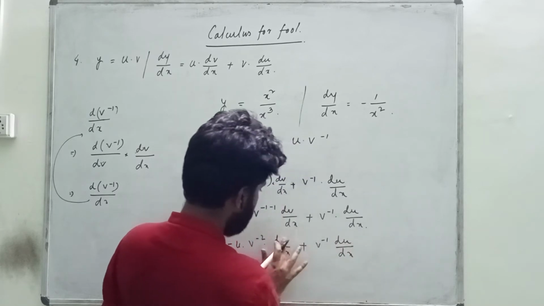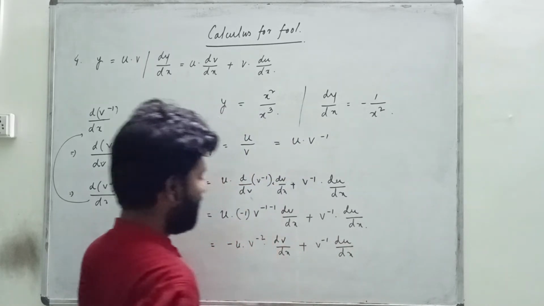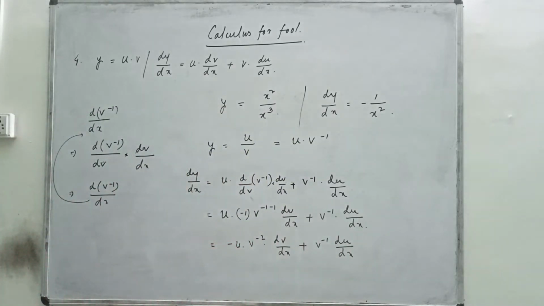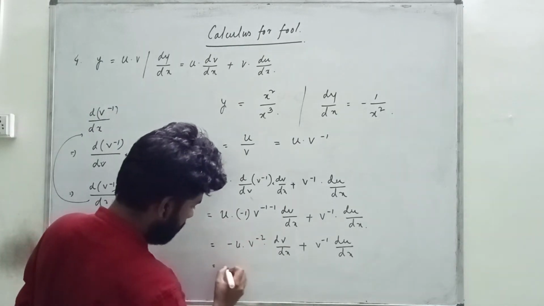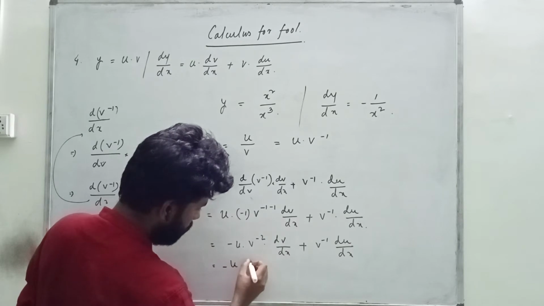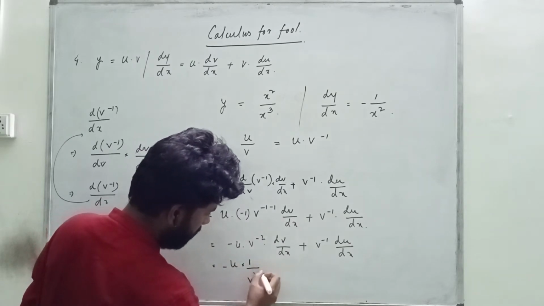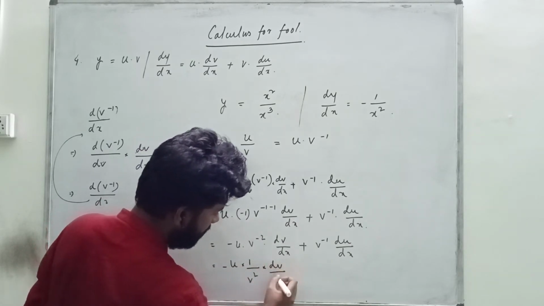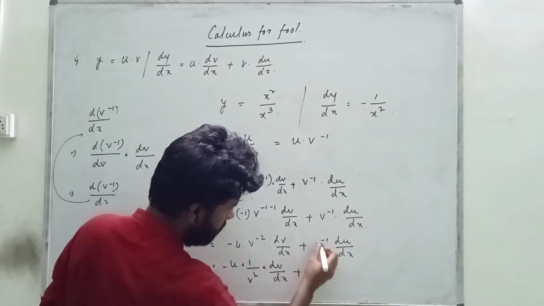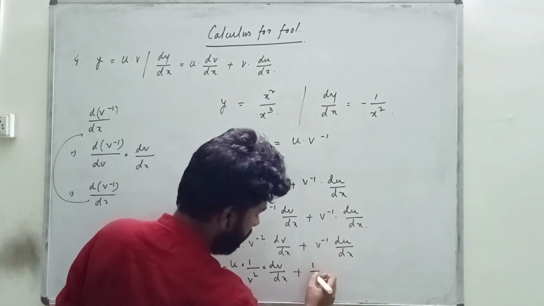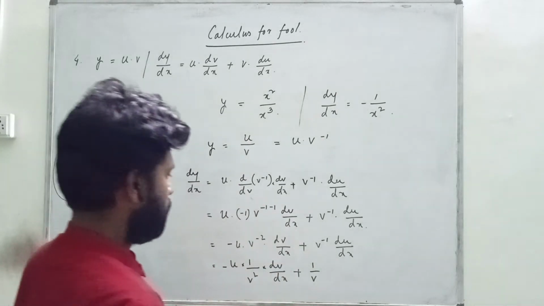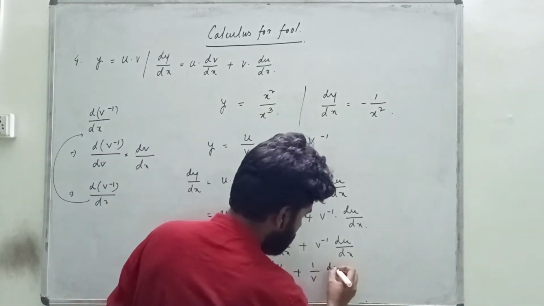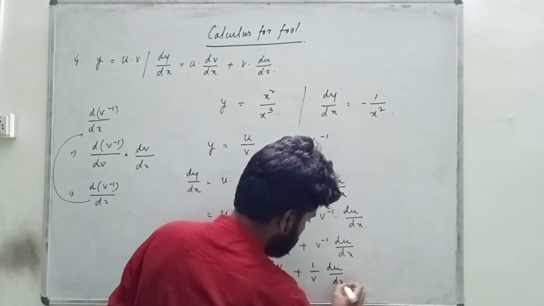Oh, sorry, it's a v. Right, it's a v. Okay. So what is v to the power minus 2 actually? It is minus u into 1 by v squared, right, into dv over dx plus what is this? 1 by v. You can write it as v to the power minus 1, by v, du dx.